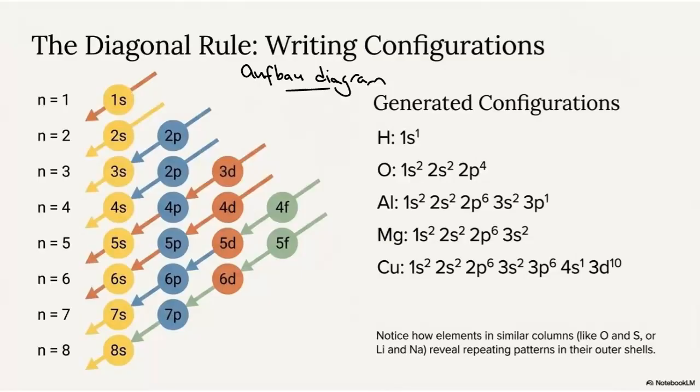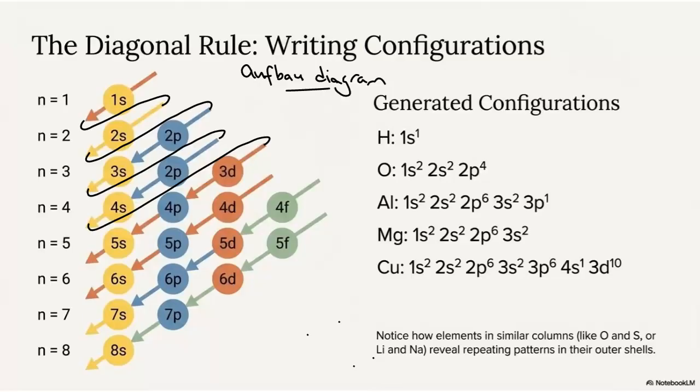So the way this diagram works, you are going to draw diagonal lines going down from the top, the way they're written there. Then the head of one connects to the tail of the other one. And so on. So when I start at the lowest energy level on top, which is the 1s, I just follow the arrow.